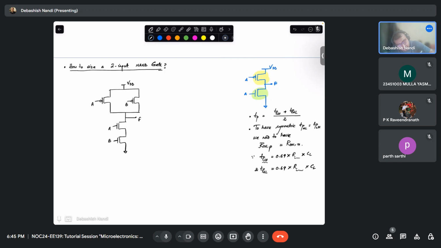So this is R on of P and this is R on of N. Fine. Do you remember? So to have these two same, I need to have R on of P equal to R on of N.